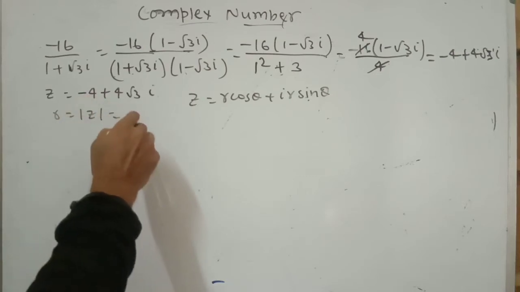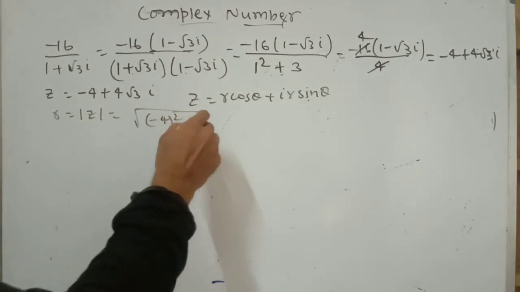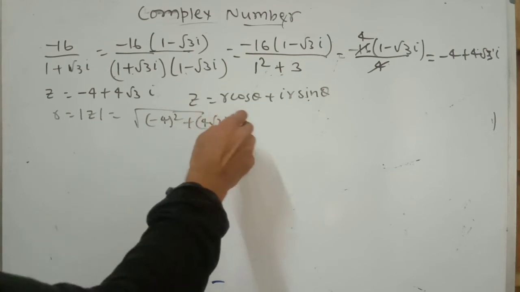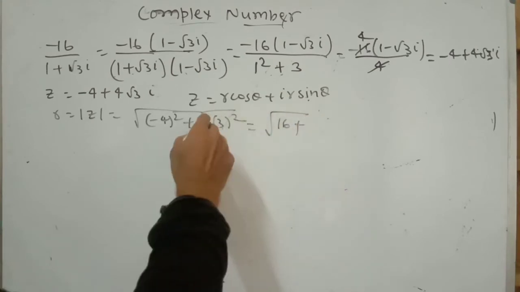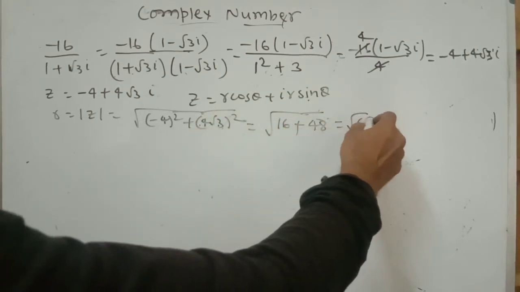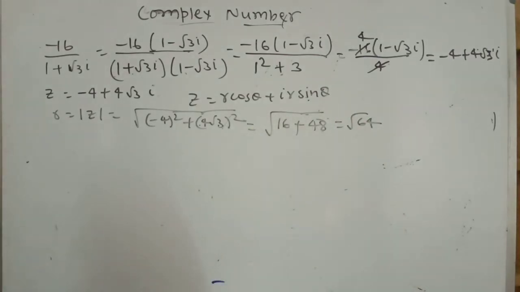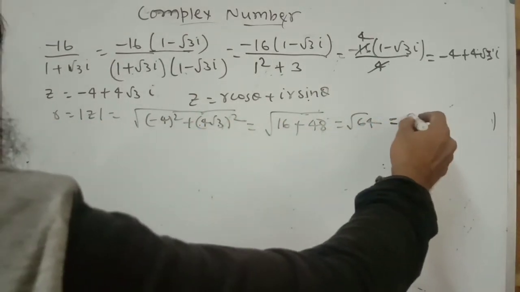So how can we find the modulus of z? Simply (minus 4) square plus (4 root 3) square. So minus 4 square is 16 and 4 root 3 square is 48. So it will become 64. The square root of 64 is plus minus 8, but it's the absolute value, so we consider only 8.